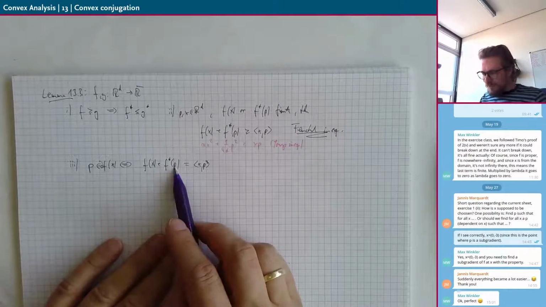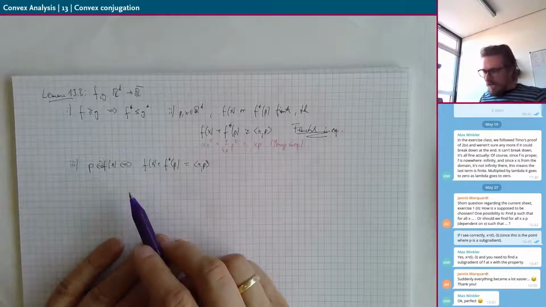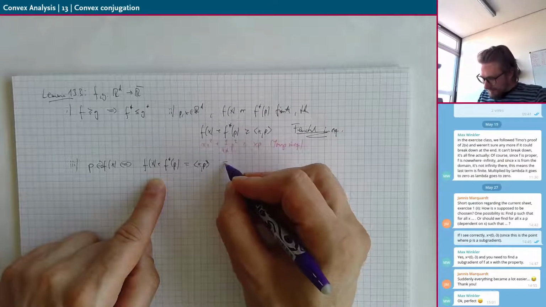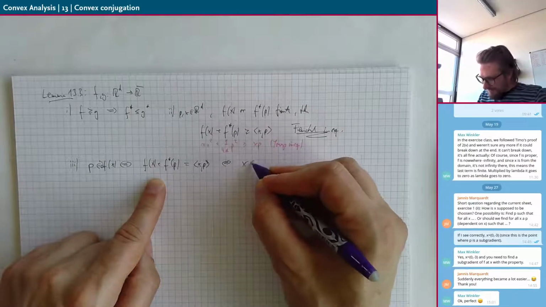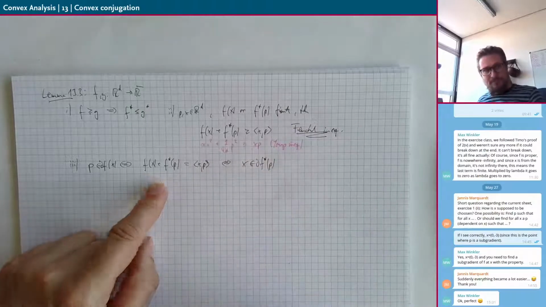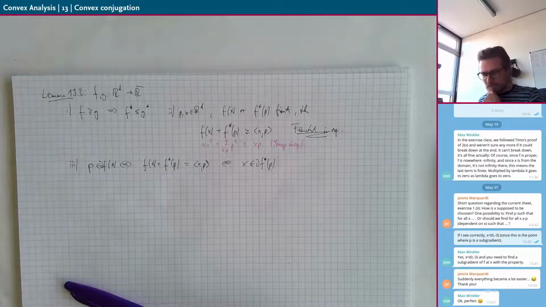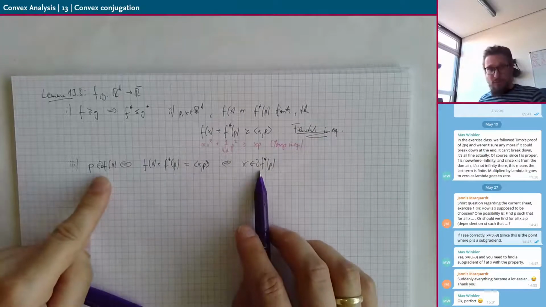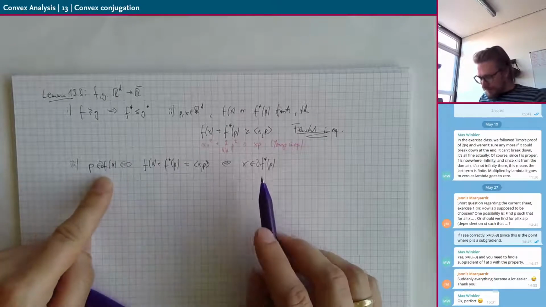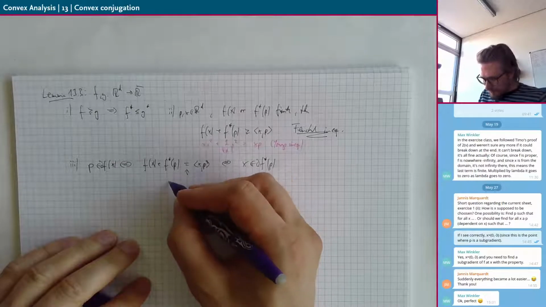We know that p is a subgradient of f at x. And because this is totally symmetric, we also get that this is the case if and only if x is a subgradient of the conjugate at p. Okay, I find this pretty amazing. This fact here is called Fenchel's equality.